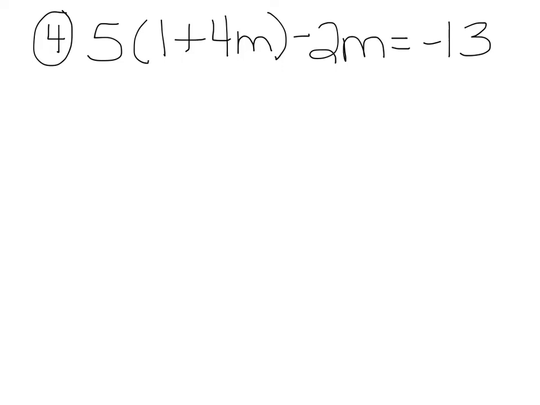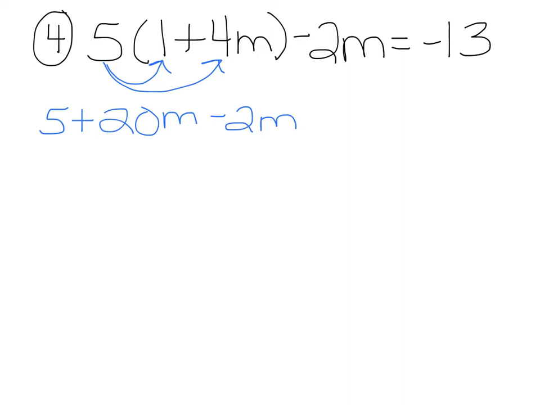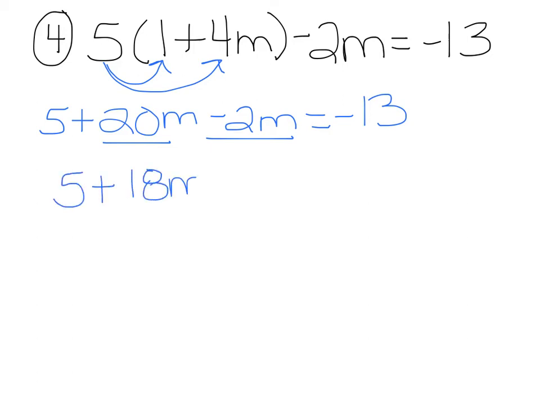To solve this one, we need to get rid of these parentheses by distributing the 5 to everything inside. 5 times 1 is 5. 5 times positive 4m is 20m. And we have a minus 2m to bring down as well. This is equal to negative 13. I do have some like terms that I can combine. Positive 20m and negative 2m gives me 18m. So I have 5 plus 18m equals negative 13.